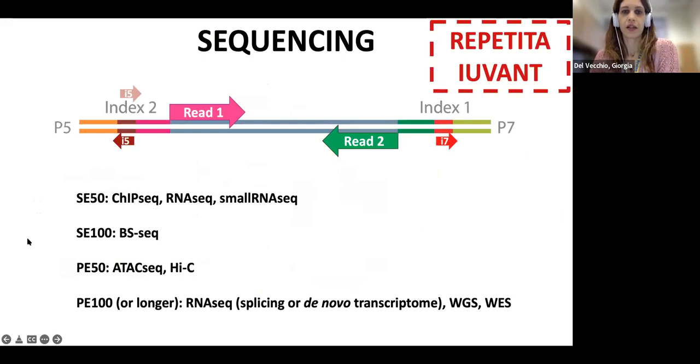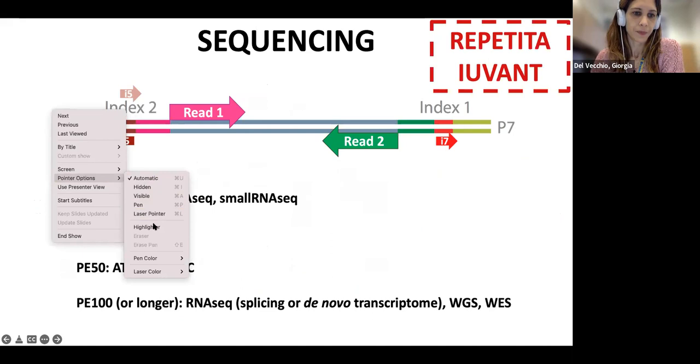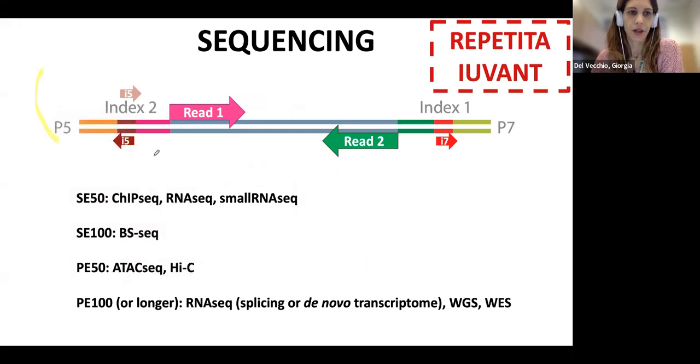Finally, from yesterday, we covered the sequencing topic. So this is our final product from library prep. So we just took a look at what single end and paired end means. So single end is if we want to obtain just one read.